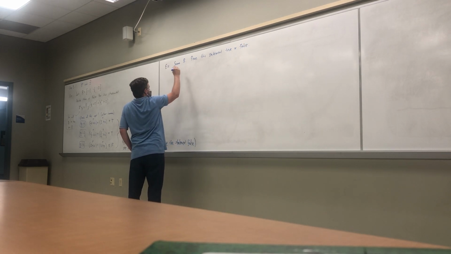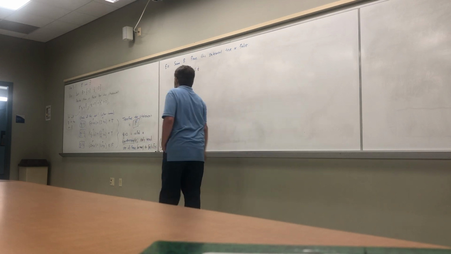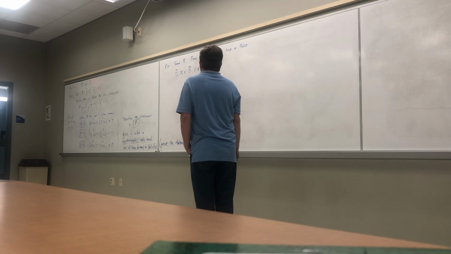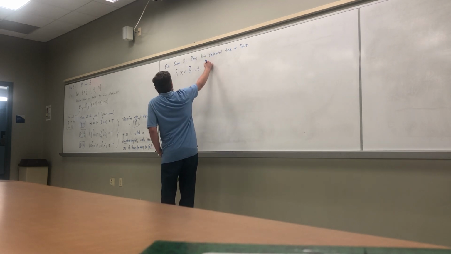There exists an X element of B such that, and then a new statement for it. Let's see, go with X is less than 0.